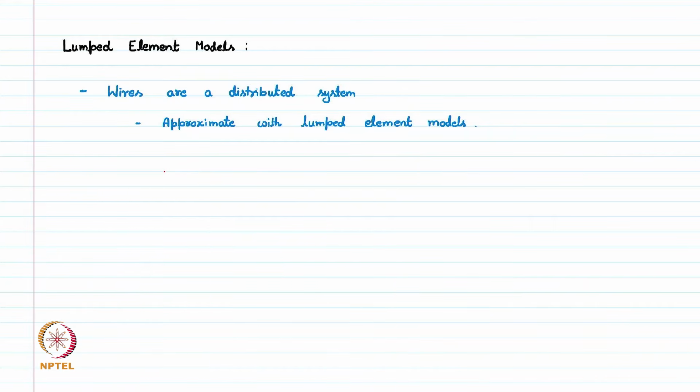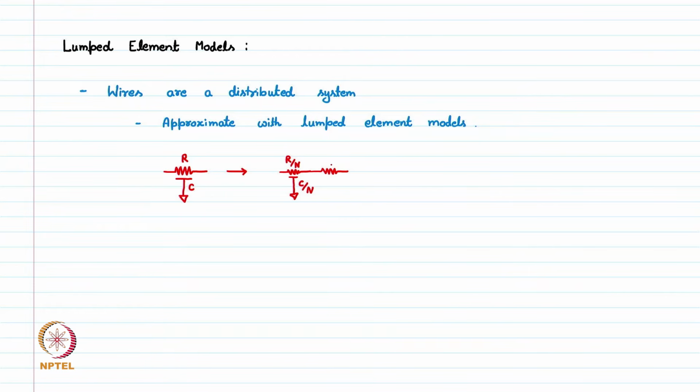So we have, for example, one R and a C. This we are representing using n segments, where R is nothing but R divided by n, if we have n segments, and this capacitance is also C by n, where n is the number of segments, and we connect n segments together.